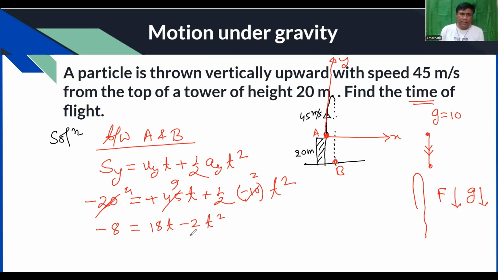In fact, I can again divide by 2 also. So if I simplify it, I get t square minus 9t minus 4 equal to 0. Okay. So that's a beautiful quadratic equation, and I have to solve it.